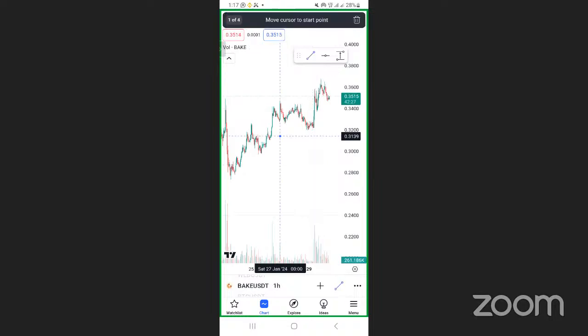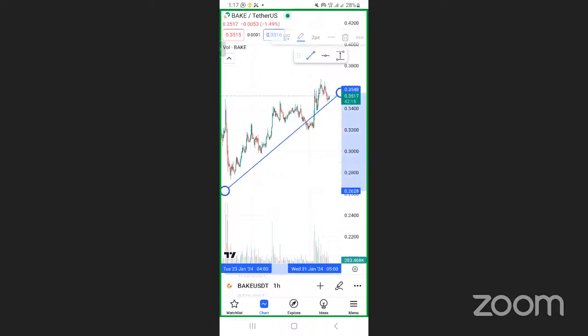So just draw your line like this, matching 2 points. Are you seeing it? Matching 2 points like that. And duplicate this.